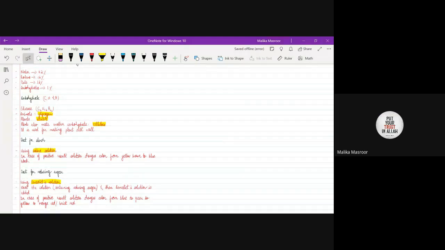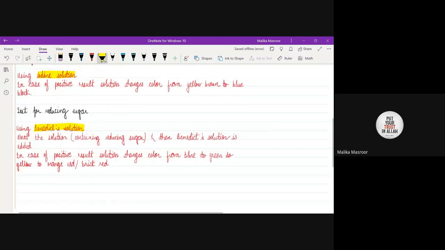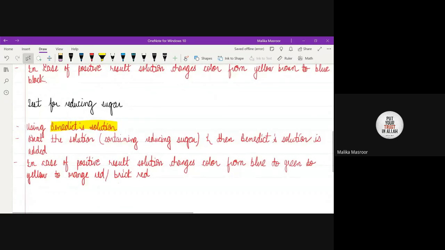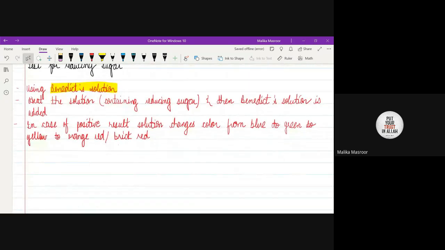Now let's talk about fats and oils. They are both known as lipids.